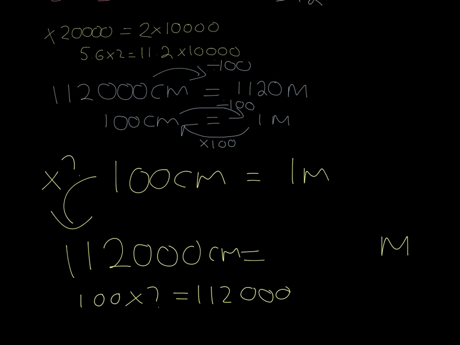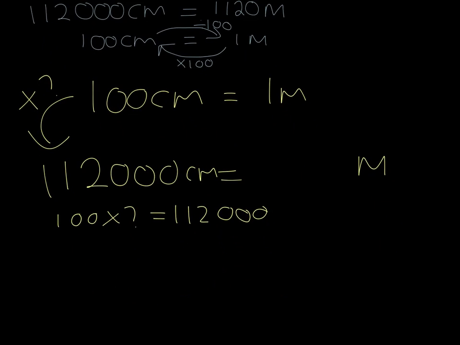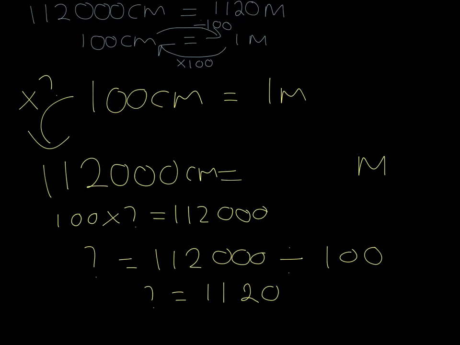Therefore the question mark is going to be 112,000 divided by 100. That question mark is going to give us 1,120. Therefore we can times that side by it. So times by 1,120 gives us the same answer, 1,120 metres.